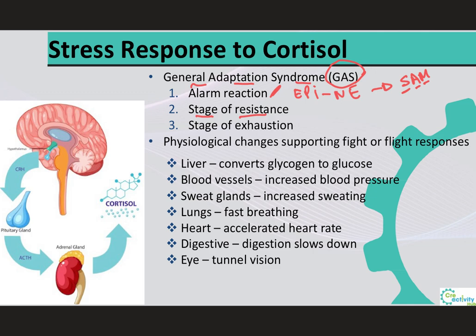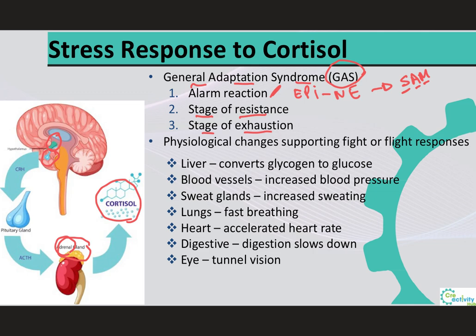During what we call the stage of exhaustion, individuals may begin to suffer depression, suppression of their immune response, severe fatigue, or even a fatal heart attack. And these symptoms are going to be mediated by the hormones of the adrenal cortex, especially cortisol, that will be released as a result of signals from the HPA axis, which is the hypothalamus pituitary adrenal axis.